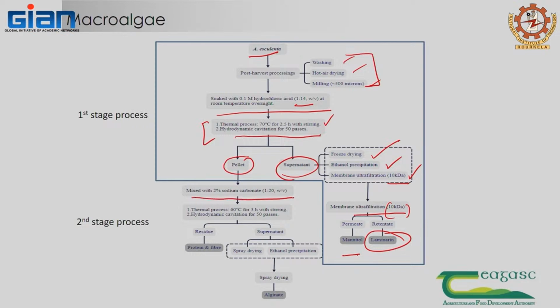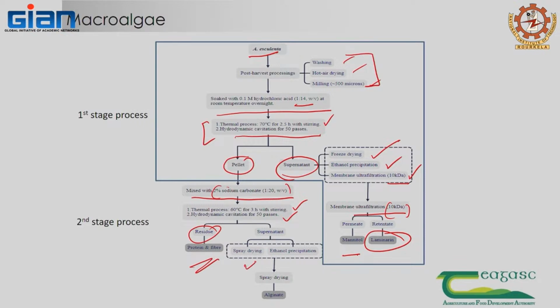Leftover to extract alginate, 2% sodium carbonate. Again I repeat, you can also use sodium bicarbonate. There is no standard ruling on what method to be used, because that is again optimized for that particular seaweed. Again 60 degrees for 3 hours or hydrodynamic cavitation for 50 passes. The residue was protein and fiber, we left it at that.